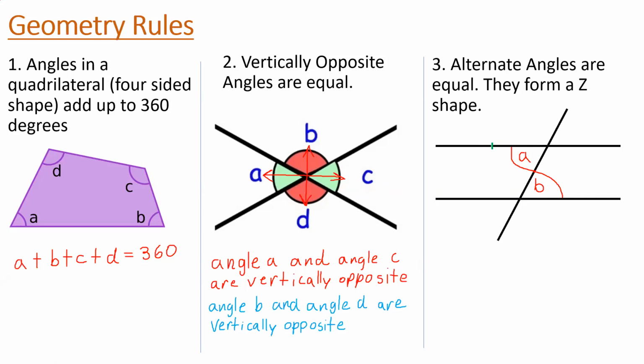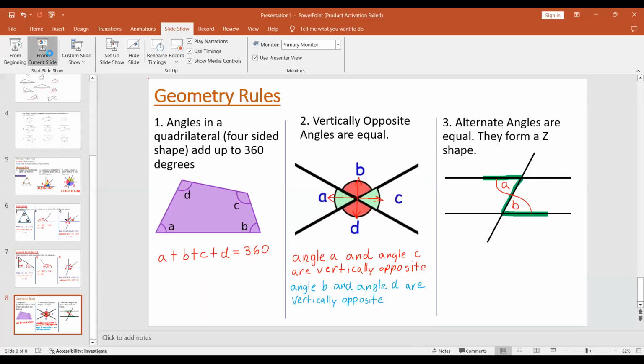Alternate angles, right? So this forms a Z shape. It's going to be alternate angles. So A and B are alternate angles, or we might even say alternate interior angles. And we can say that they are equal.